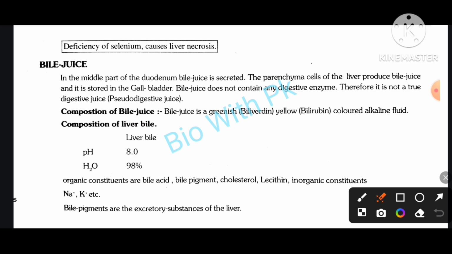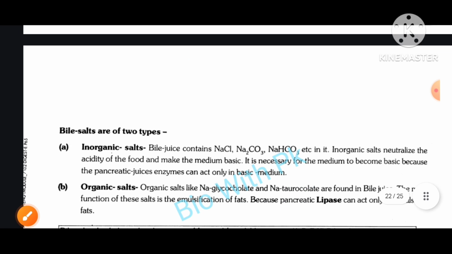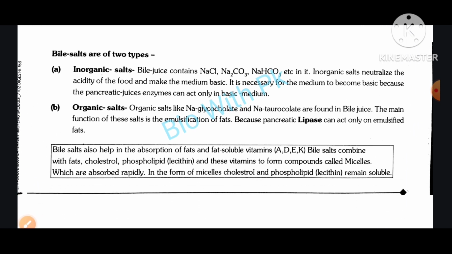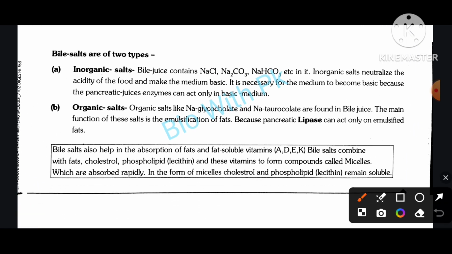Composition of liver bile: pH 8.0, water 98%. Organic constituents are bile acid, bile pigment, cholesterol, lecithin. Inorganic constituents are sodium, potassium, etc. Bile pigments are the excretory substance of the liver. Bile salts are of two types.